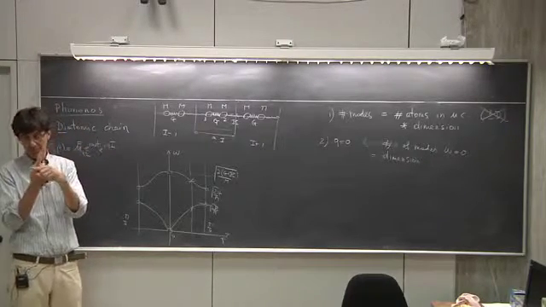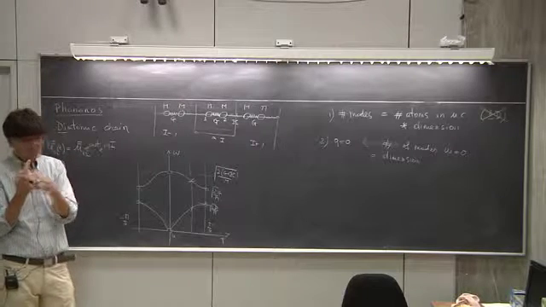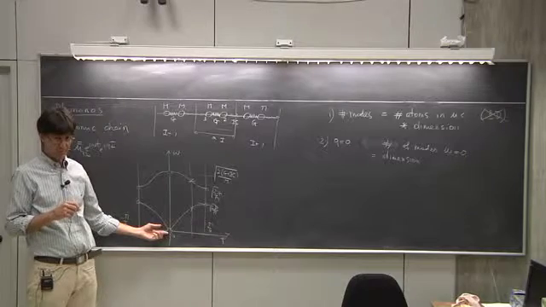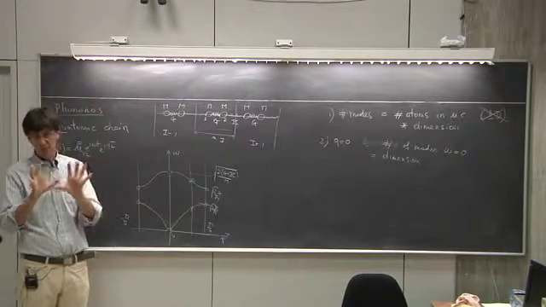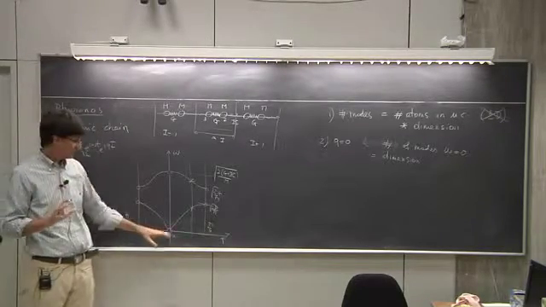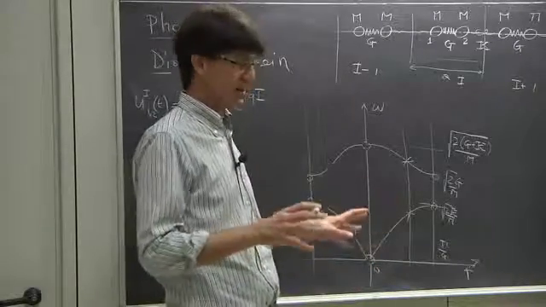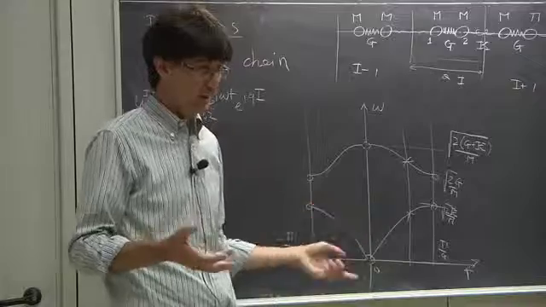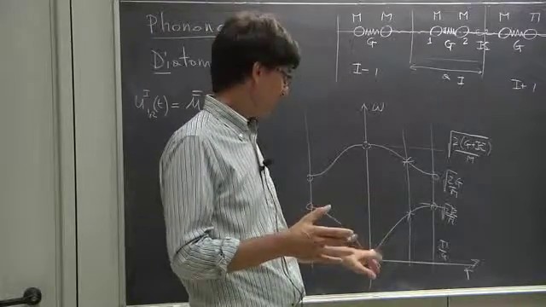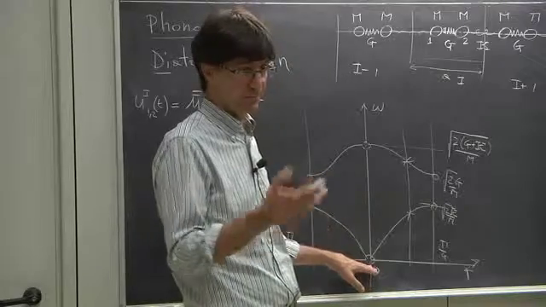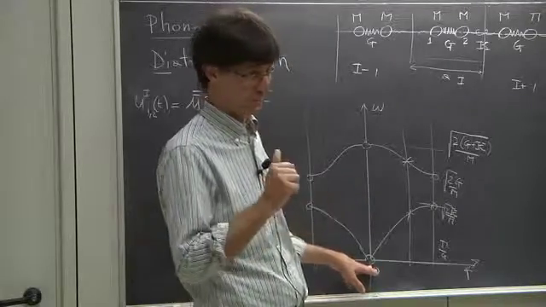So there are 2 independent directions that I can move my system. So I will have 2 modes with 0 frequency in 2 dimensions. In 3 dimensions, I will have 3 degrees of freedom, so I will have 3 modes with 0 frequency. So regardless of the crystal, of the number of atoms in the unit cell, I will always have a number of modes with 0 frequency equal to the dimension of the problem: 1, 2, or 3. Okay?